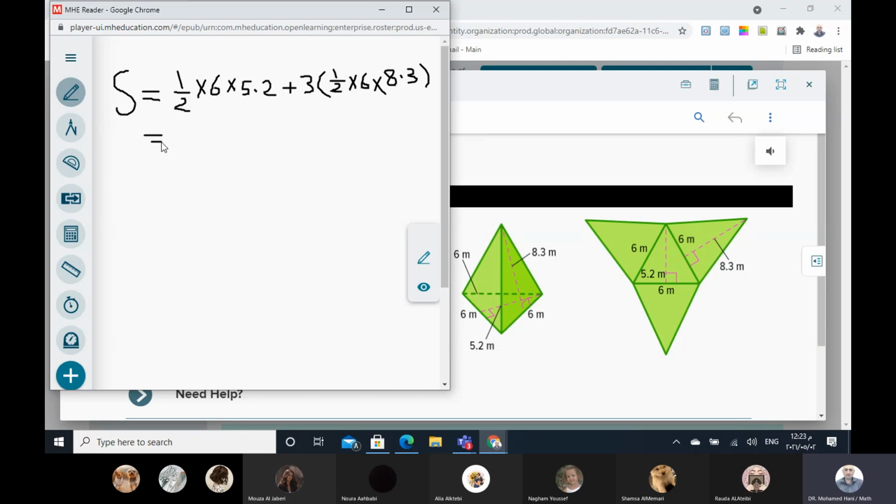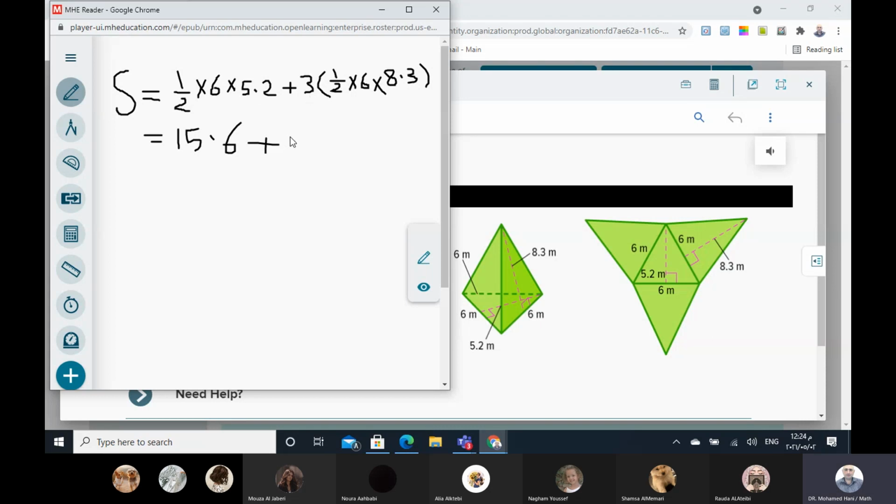Now we can calculate. Here we have 6 times 5.2, then divided by 2. So the answer here will be 15.6, plus. Here we have 6 times 8.3, then divided by 2, then multiply by 3.